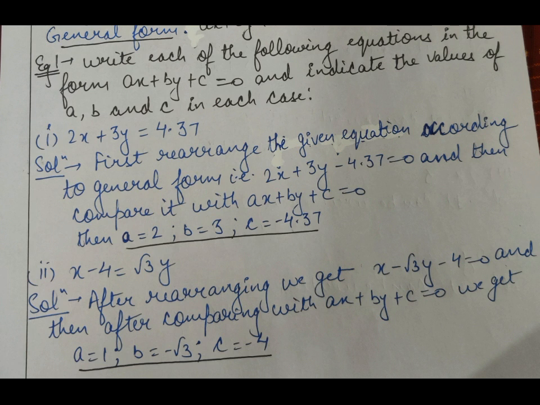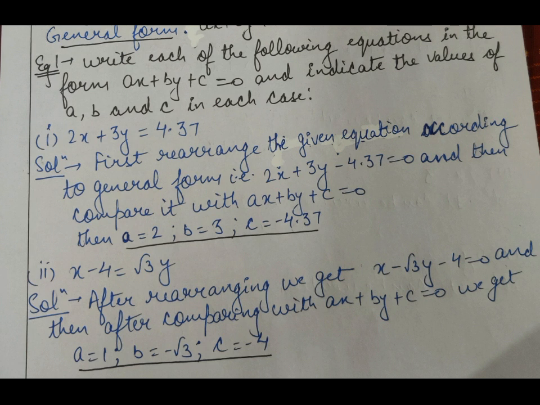Now after comparison, you can see that the value of a will be 2, the value of b will be 3, c will be minus 4.37. Now come to the second part of the question, that is x minus 4 is equal to root 3y. After rearranging, we get that x minus root 3y minus 4 is equal to 0.